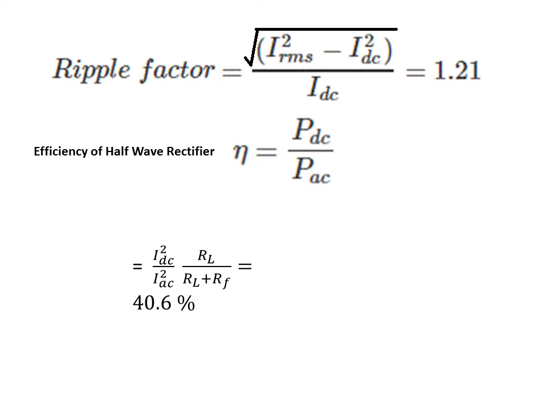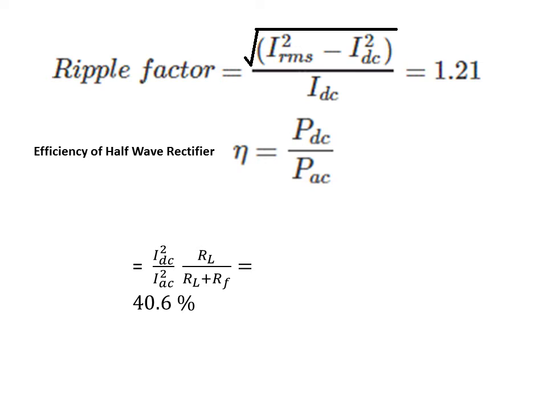You can put a bracket over here. After I square DC and I square AC, you put a bracket because this RL plus RF is the number that you have to find out, and then you'll have to multiply that with I square AC.